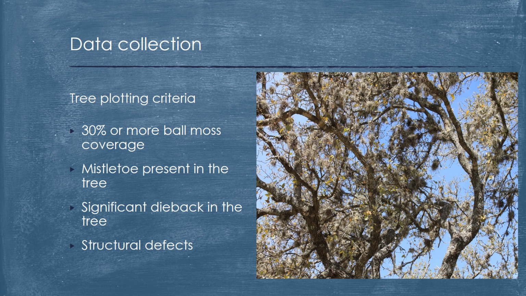And another sign of declining tree health is dieback, where the tree starts to compartmentalize the branches and kills the ends of the branches, which reduces its foliage. Also structural defects, such as any kind of decay in the trunk or the main parts of the tree, can lead to failure.